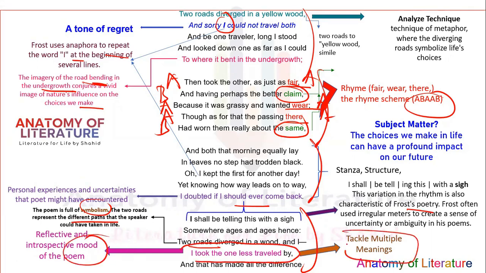Moreover, tackle multiple meanings. It means a poem can have multiple meanings each time you sit and read again and again. So you are not going to conclude in just one reading. It can have multiple meanings. Like if you reread that poem in a backward direction, I shall be telling this with a sigh. It means that the poet has chosen a path and now he is contemplating whether he is happy or sad or in a melancholic state.